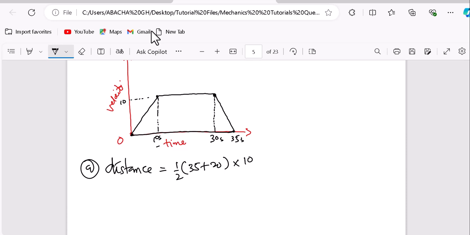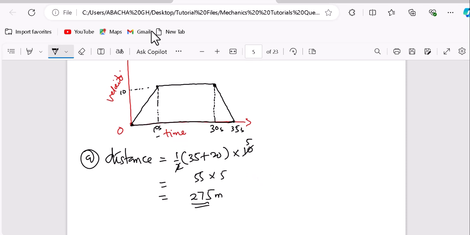So half of 10 is 5, and 55 times 5 gives us 275. And this is the distance.